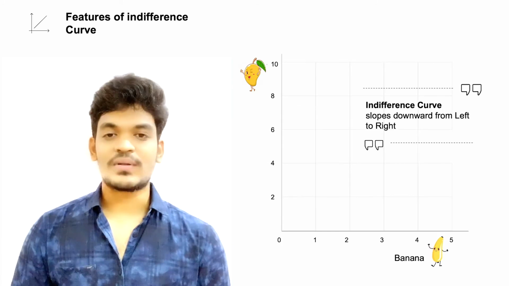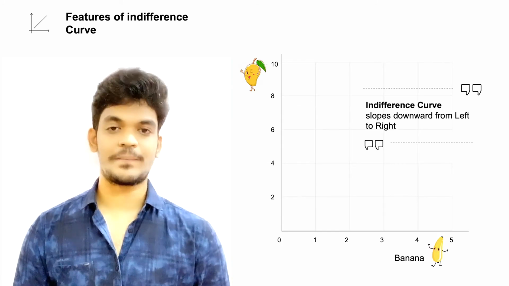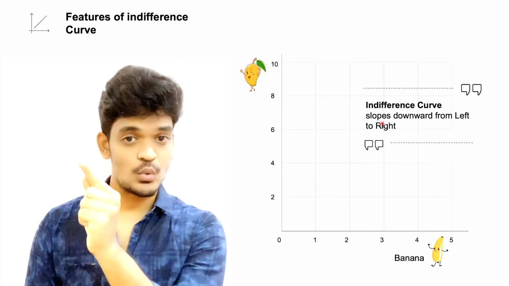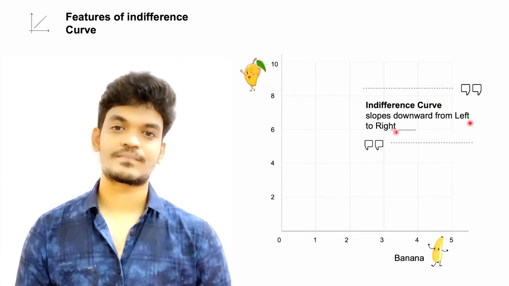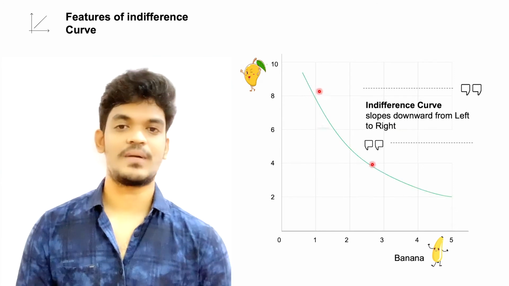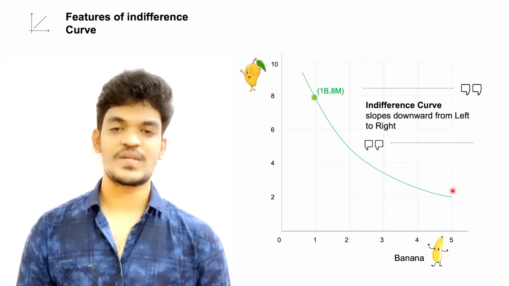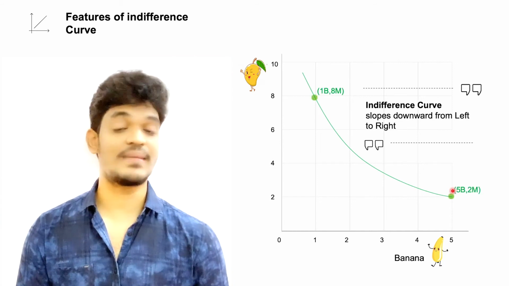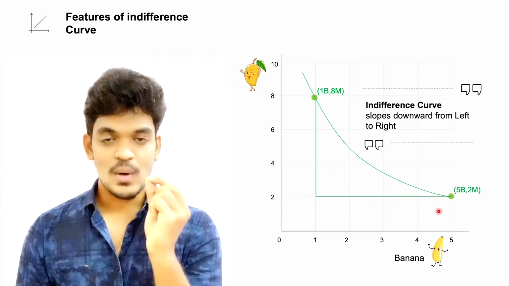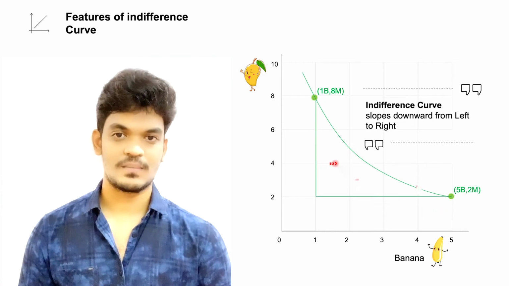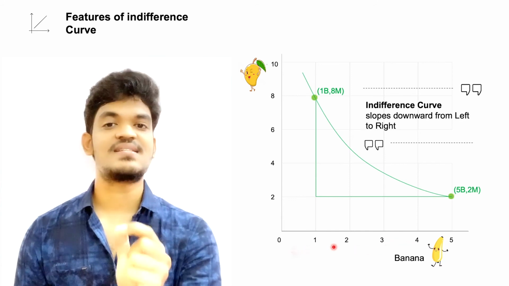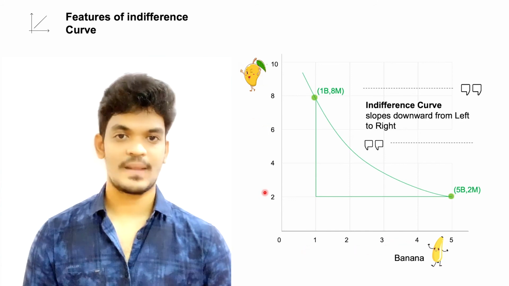Okay, let's discuss the features of the indifference curve. The first feature is that the indifference curve slopes downwards from left to right. Why is it from left to right? Let's plot two points here. One thing we have understood clearly from the indifference curve is that to have extra bananas, the customer has to forego, has to sacrifice some amount of mangoes, right?